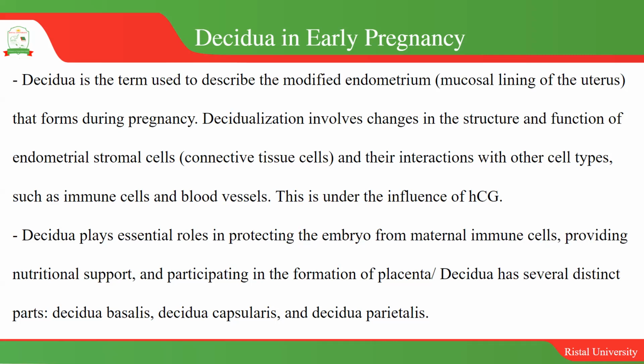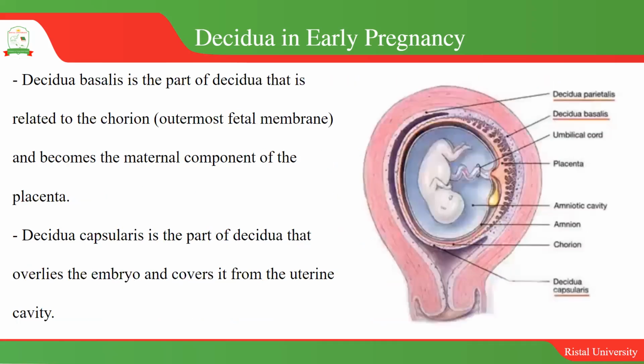So the decidua is very important because it prevents immune cells from the maternal side from attacking the implanting embryo. Okay, it also provides nourishment and plays an important role in formation of the placenta. Okay, the decidua has three distinct parts: decidua basalis, decidua capsularis, and then decidua parietalis.